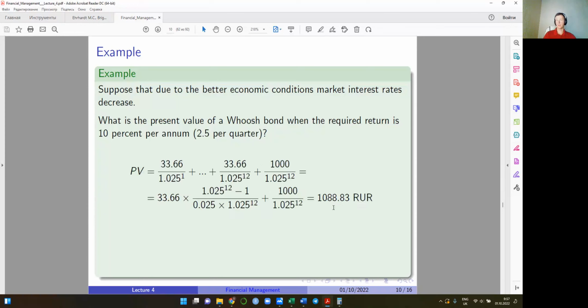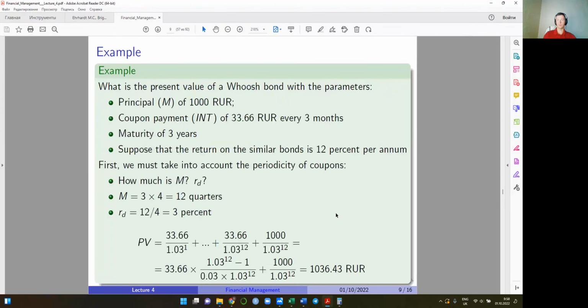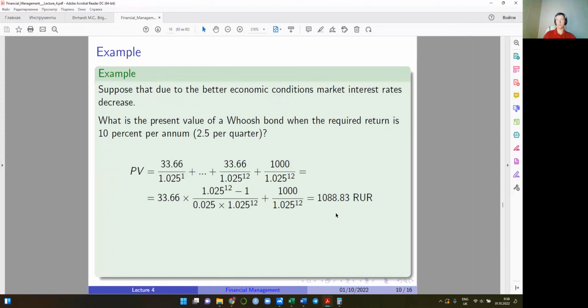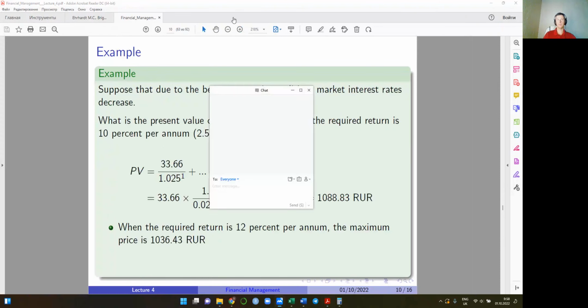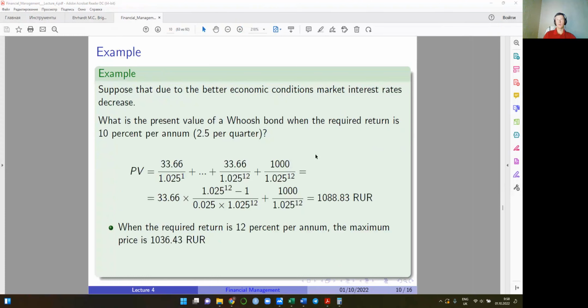So the price is going to be higher. The previous one was 1036, now it's 1088. That gives us the following very logical relation.